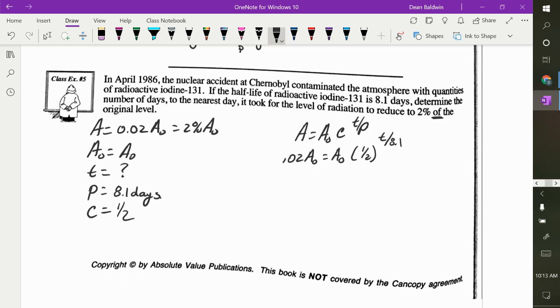So there's your formula. What happens to the A naughts? Unknown is an exponent. What do you have to do? Log it.